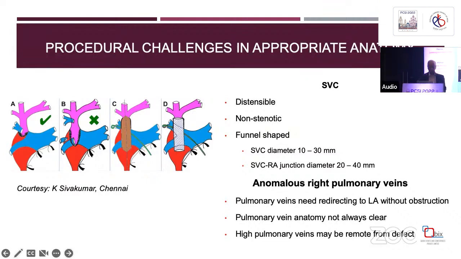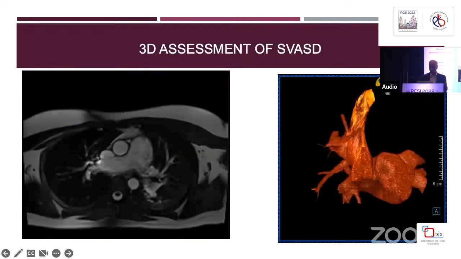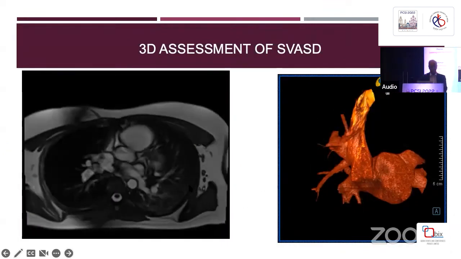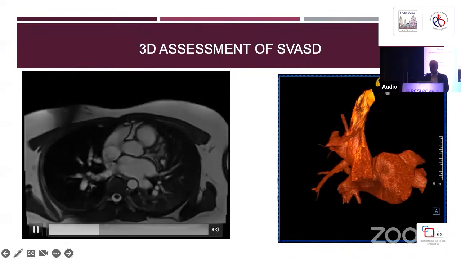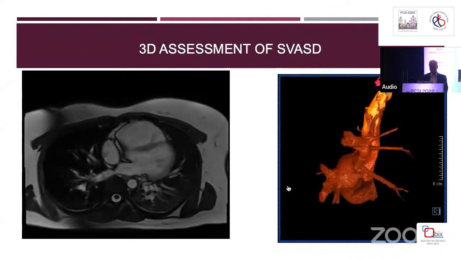So CT and MRI scans are all important for us in terms of assessment. We have a reasonably good idea from those, and then 3D reconstruction can show you even more clearly where the right upper pulmonary veins drain and what the possibility is of redirecting them.